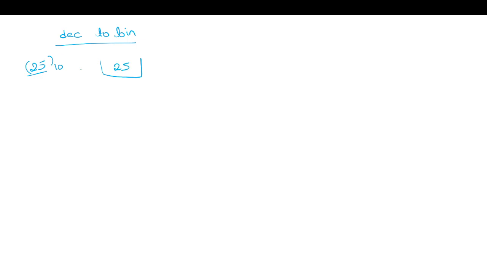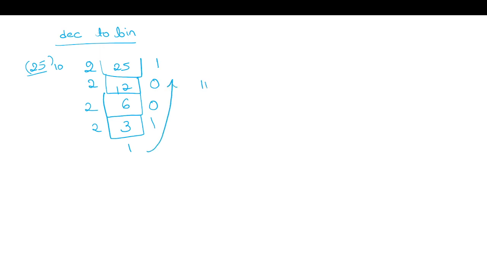So 25 divided by 2 is 12, remainder 1. 12 divided by 2 is 6, remainder 0. 6 divided by 2 is 3, remainder 0. 3 divided by 2 is 1, remainder 1. Again, write in this order: it is 1, 1, 0, 0, 1. This is in the binary based number system.